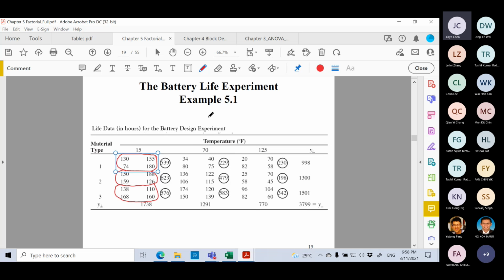Then you will get the totals for the subtotals here, here, and here. So here are all the totals, and similarly for this one, the temperature at 15 degrees Celsius, this one is 1738 and so on, and then this one is the total for each material type. And finally this one is the grand total.